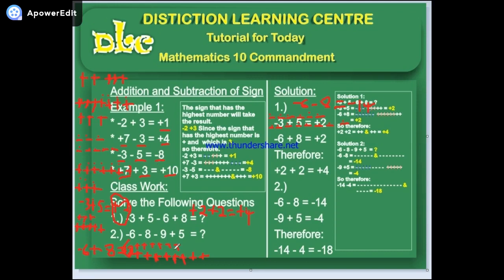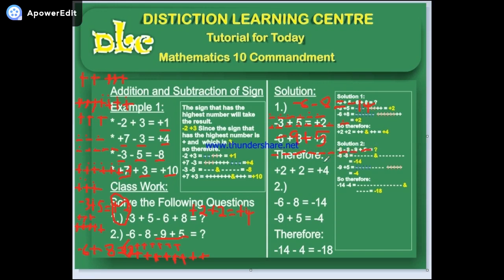Now you work on the second section too, which is minus 9 plus 5. You write that one out: minus 9 plus 5. So how are we going to do that? We first count 9 minus: 1, 2, 3, 4, 5, 6, 7, 8, 9.